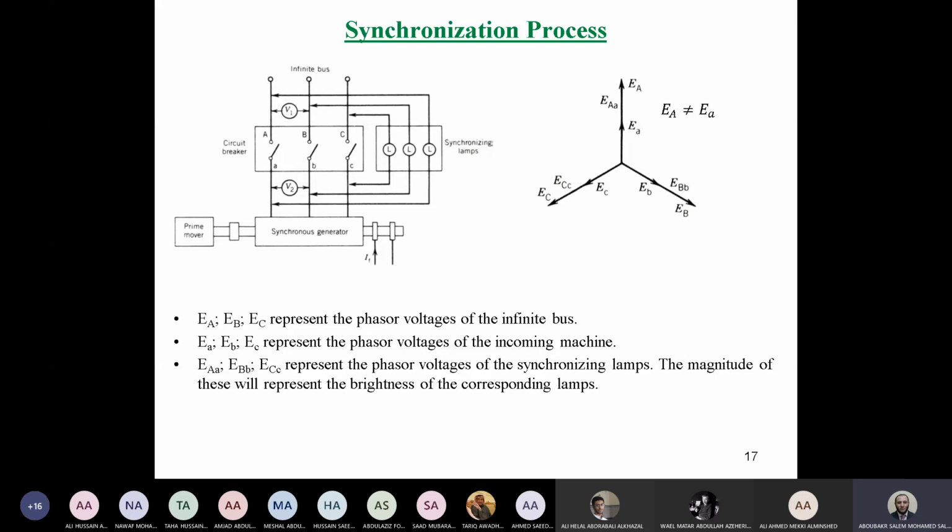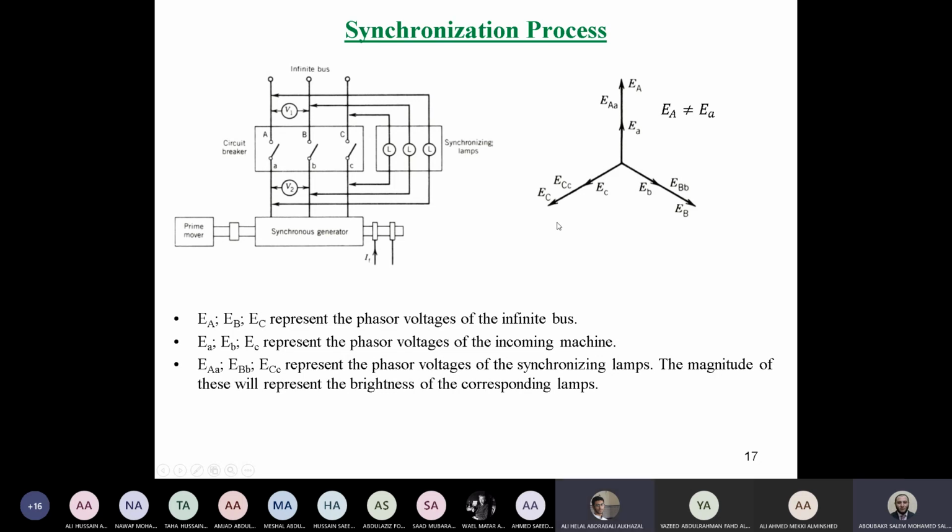What about the phase shift? Is there a phase shift here between the 2 sources? No, they are in the same shift, because as you can see, phase A small and A capital are in phase, B small and capital are in phase, C small and capital are in phase.